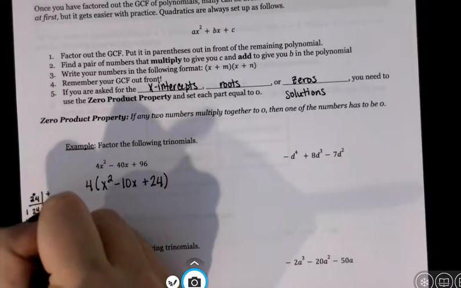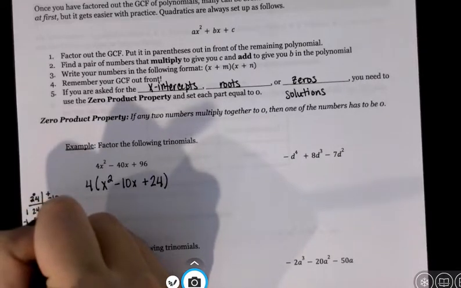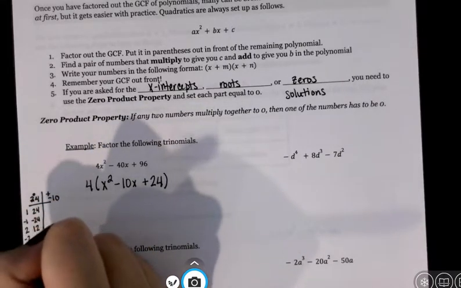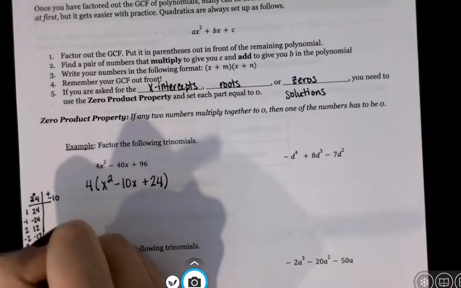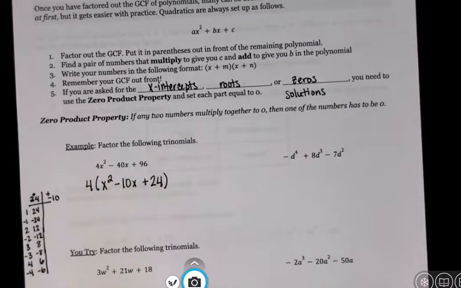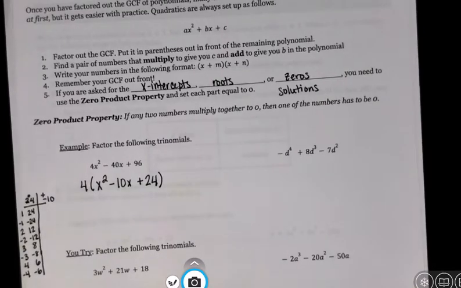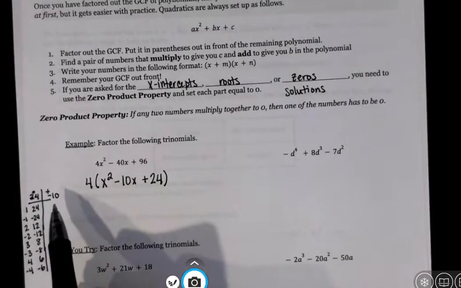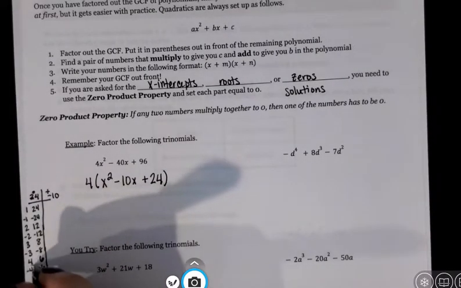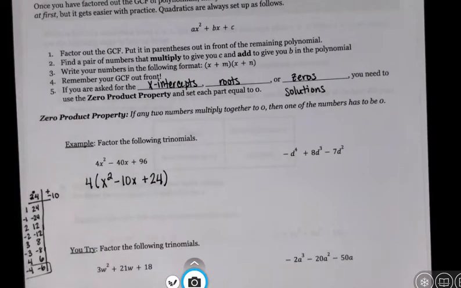If you are to the point where you don't need to make the list and can see it right away, that is fantastic. Some of us are not. So those are all of my numbers that if I multiply them would give me a +24. So of the pair, I want the pair that adds up to a -10, and that's going to be the very last one that I wrote down here.